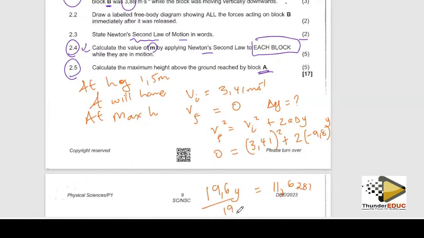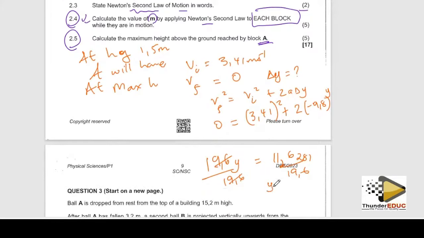Then I can divide both sides by 19.6 over 19.6. Okay, when I do that, then my y is going to be 11.6281 divided by 19.6. That's giving me 0.59.